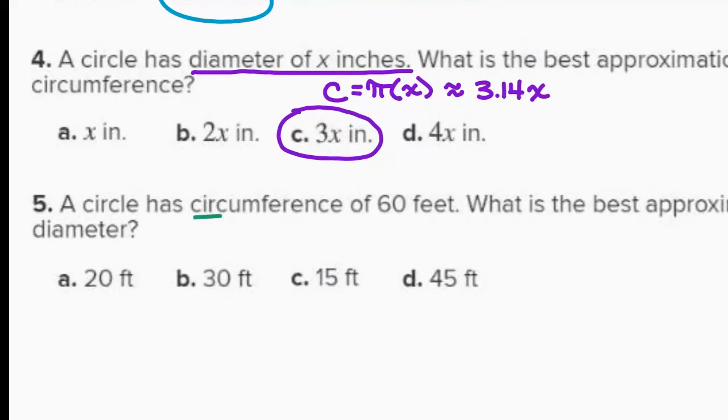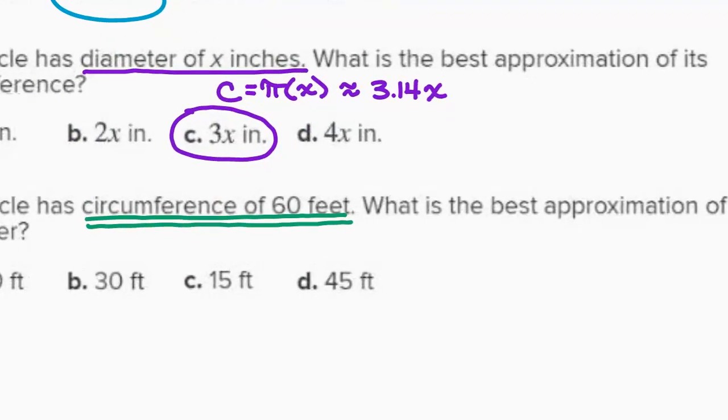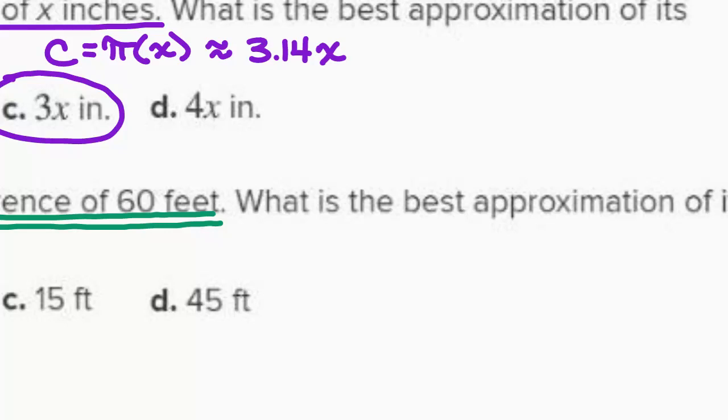And then for the very last one, they actually give us the circumference, not the diameter, but they're asking us to find the diameter. So I would have 60 equals pi d. And then to find the diameter, I would need to divide both sides by pi.